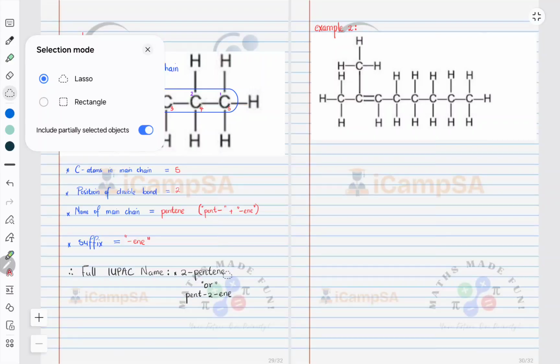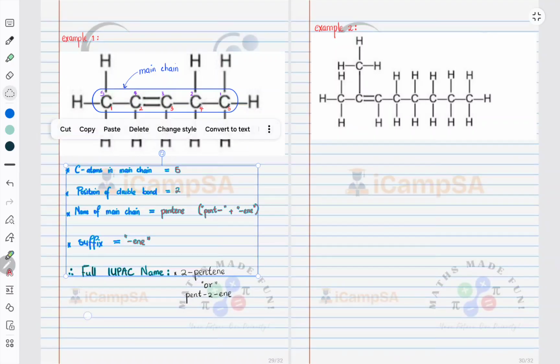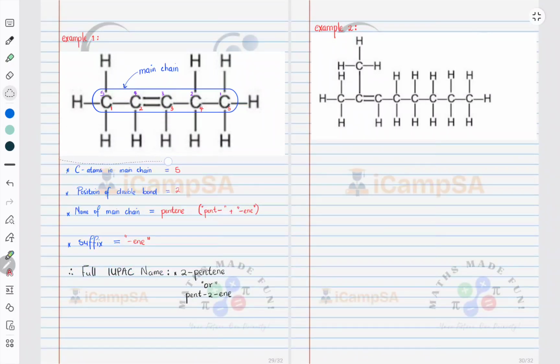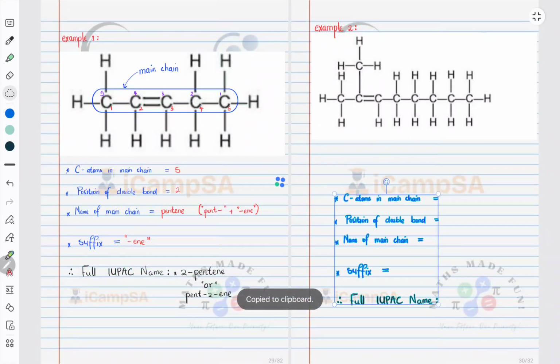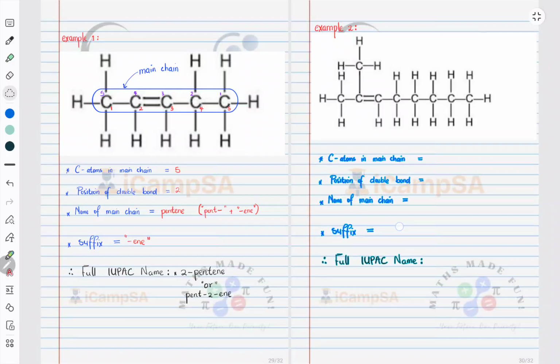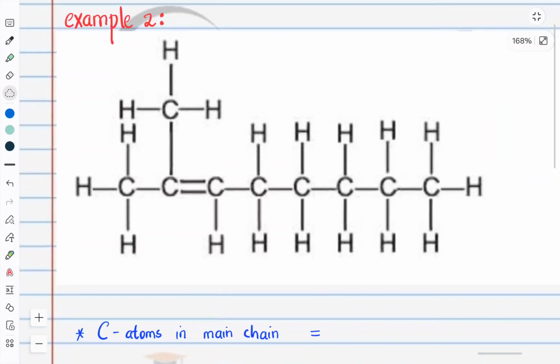Now let's take our template here. We'll come here again.